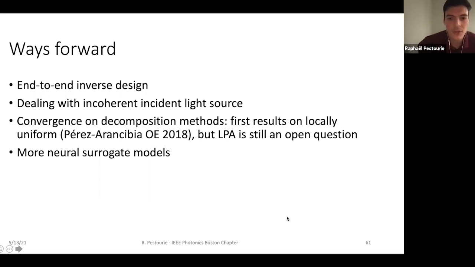Yes, the designs here are polychromatic in the sense that they work for the wavelengths of interest. For example, red, green, blue, or I also showed the 6 wavelengths, which were spaced evenly in the frequency domain.